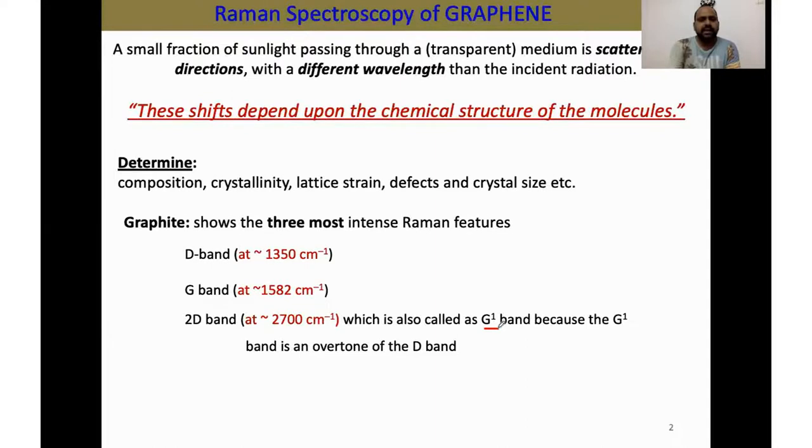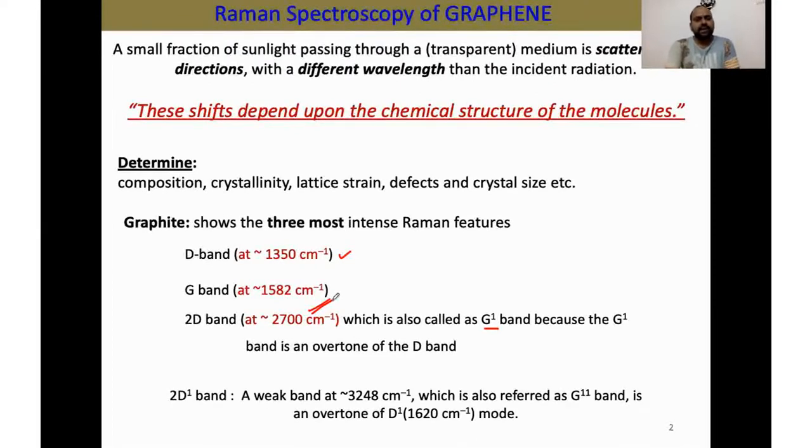This G dash band is basically an overtone of the D band. If your D band appears at 1350, then at double the frequency you see double the value, so it appears as the 2D band. Therefore it is basically the overtone of the D band. Sometimes we also observe one band, with slightly lesser intensity, at 3240 or so.